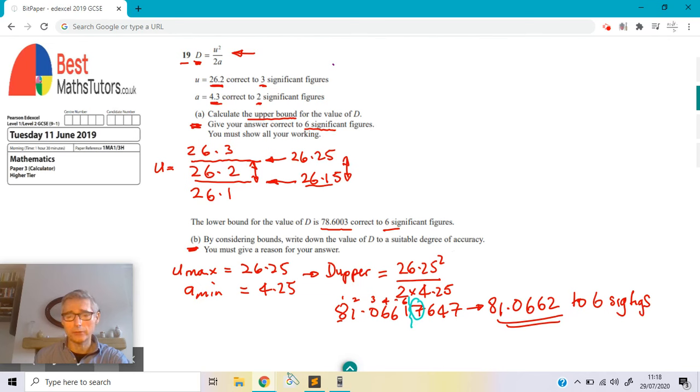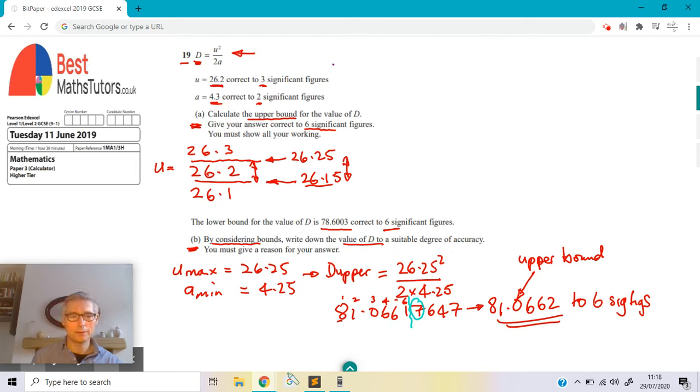So that's the lower bound, and we've actually got this one as our upper bound as well. And what we've got to do, by considering the bounds, write down the value of D to a suitable degree of accuracy and give a reason for the answer. So when we're talking about giving it to a reasonable degree of accuracy, what it's saying is, up to what extent can we be sure that our answer is correct?